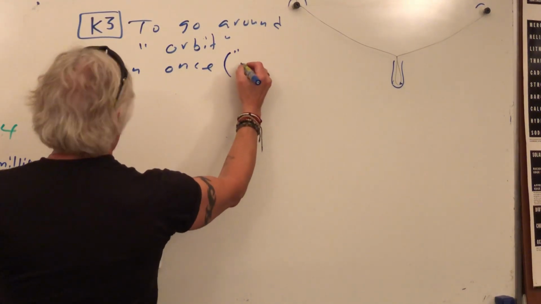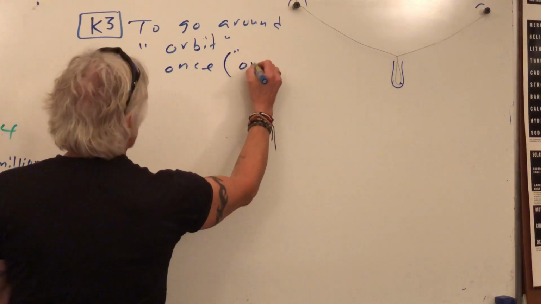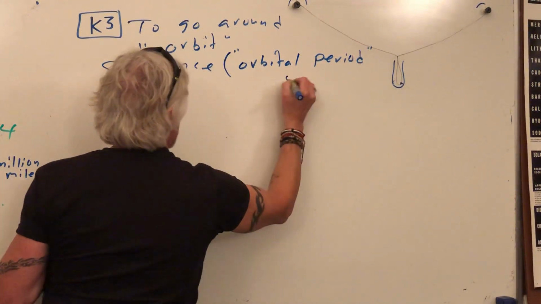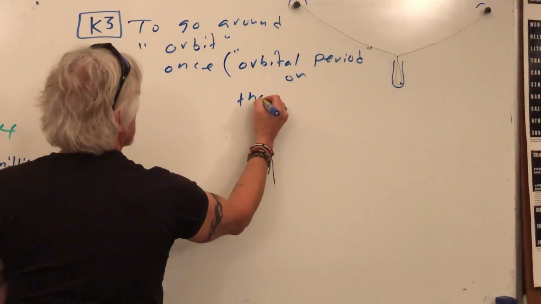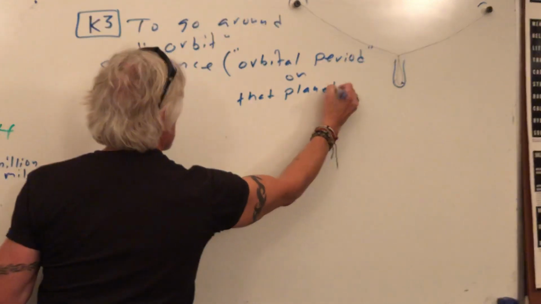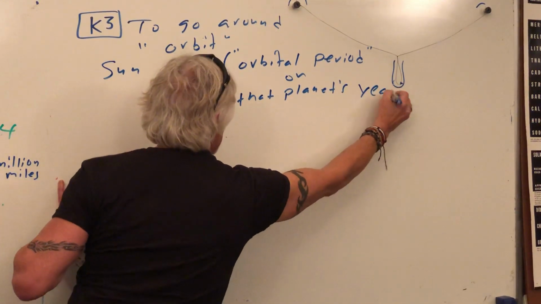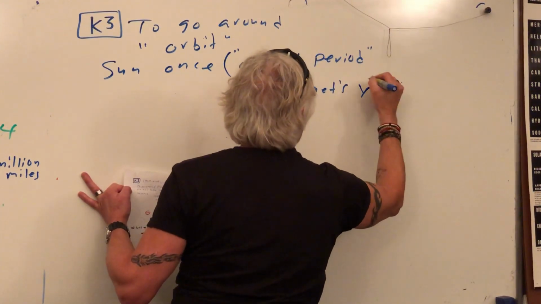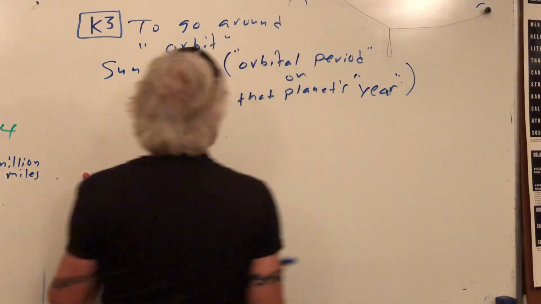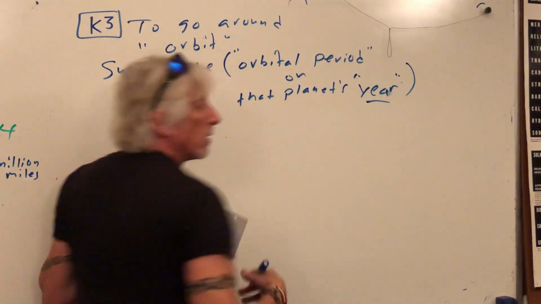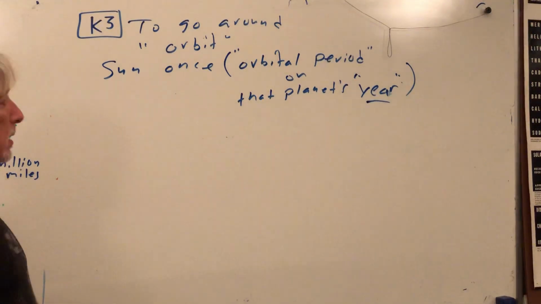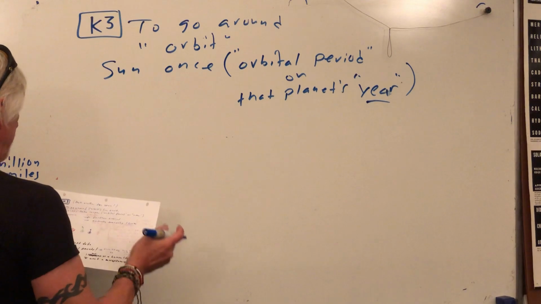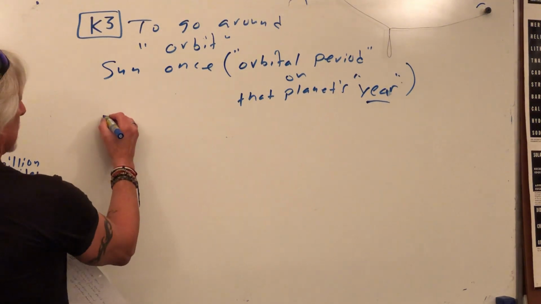And that's called the orbital period, or that planet's year. My silly drawing. That planet, a Mars year, how long is that? A Mercury year, how long is that to go around once? Here's the thing.